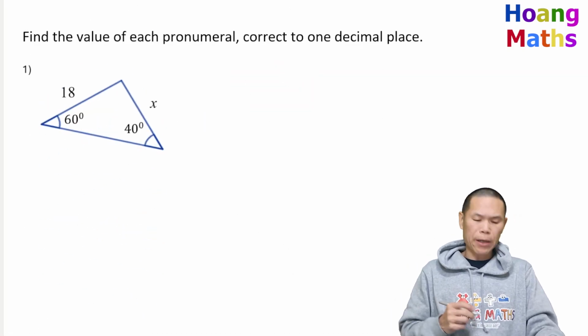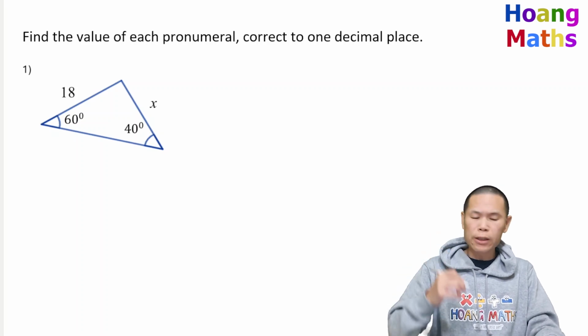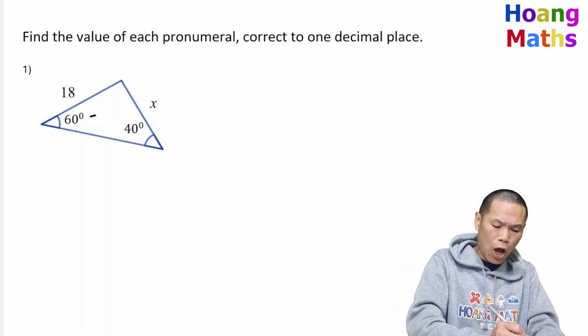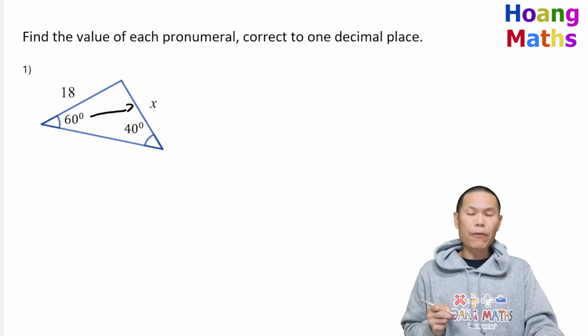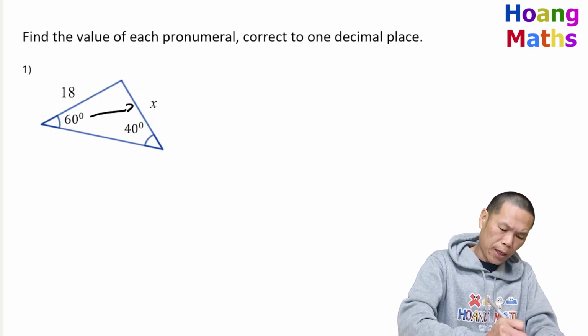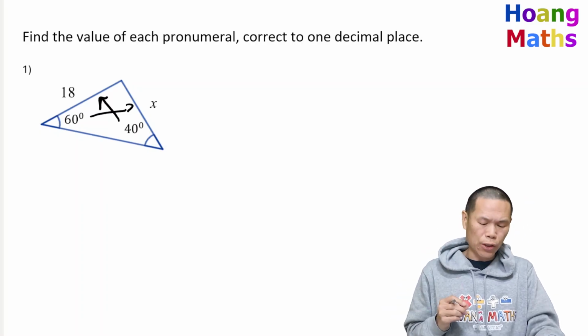So first step is we identify the unknown side first. So that is x. So we know that x is opposite of angle 60. And we have angle 40 is opposite 18. So we just need to identify these two first.